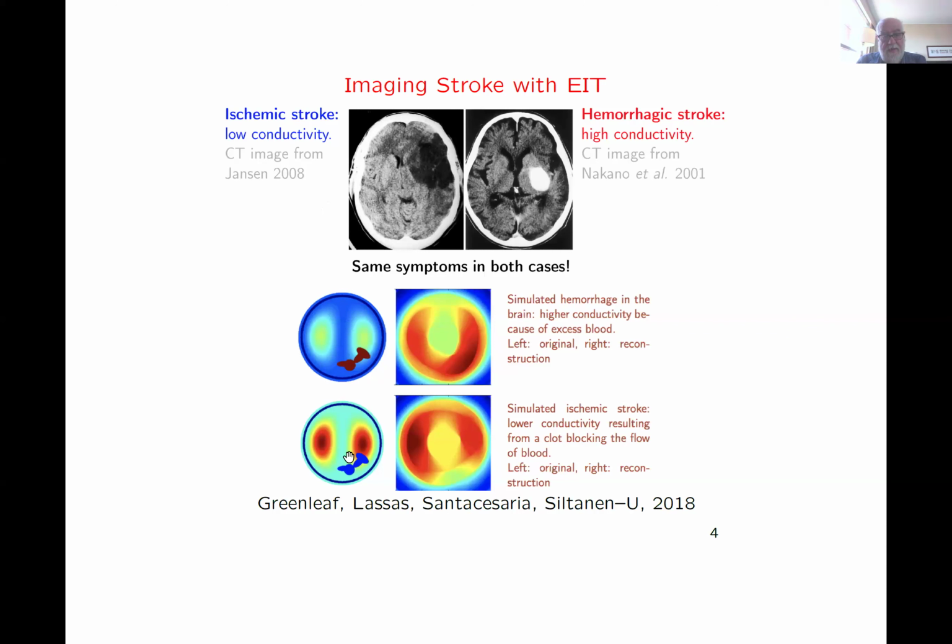This is a picture that has been obtained using some of the methods that I will explain today, with Alan Greenleaf, Matti Lassas, Matteo Santacesaria, and Samuli Siltanen. Samuli and the group at Helsinki have been continuing to try to do this in practice.